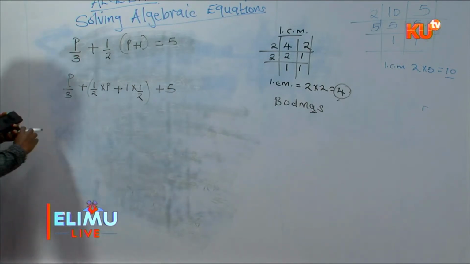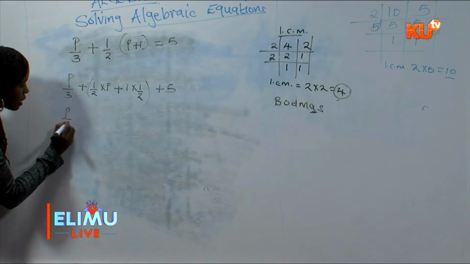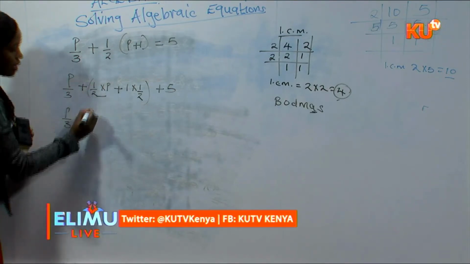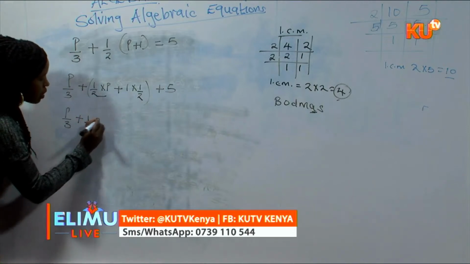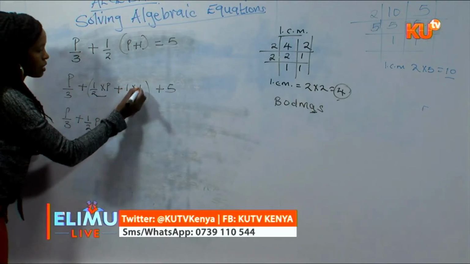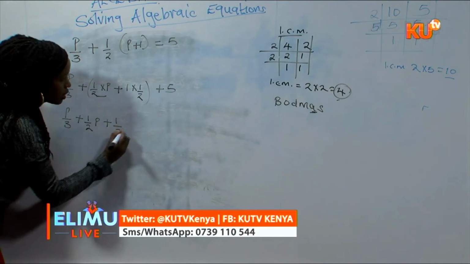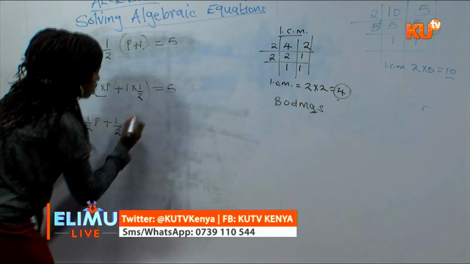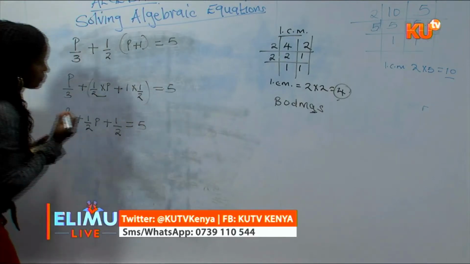So we have P over 3 plus a half times P, we get a half P, plus 1 times a half, we get a half. This is equal to 5.